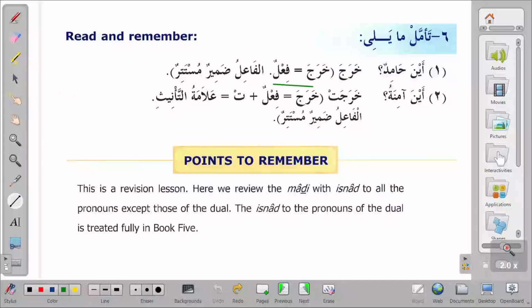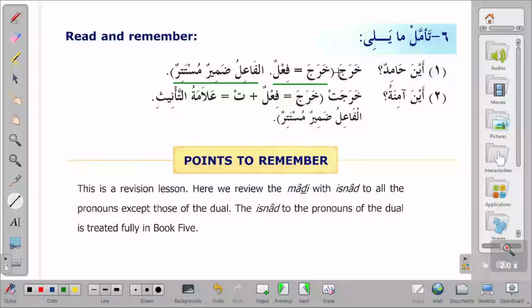So this kharaja is the verb, and then the damir is mustatir. Okay. Al-fa'il, damirun mustatir. The doer is a hidden pronoun, bima'na it is not there.